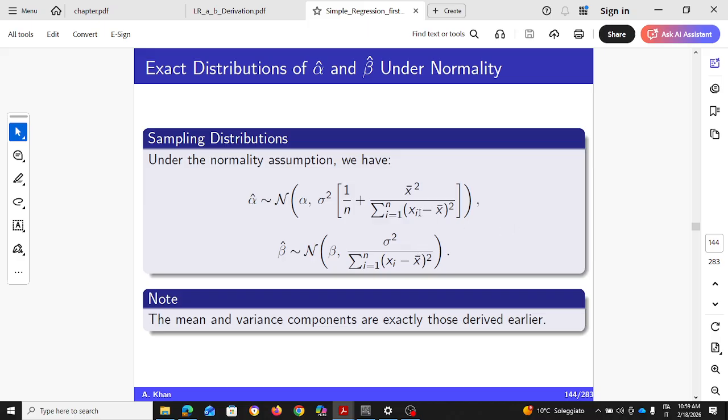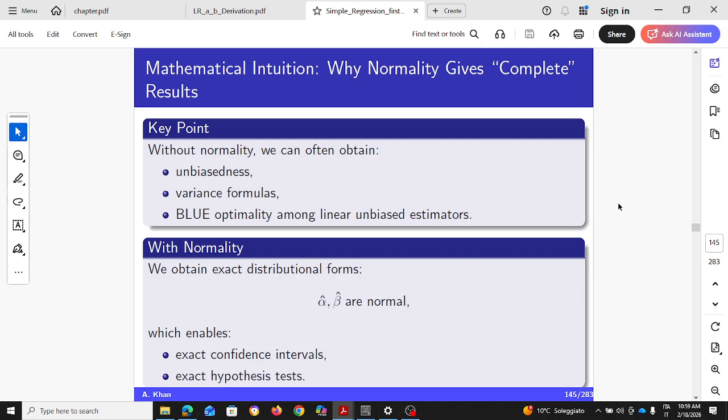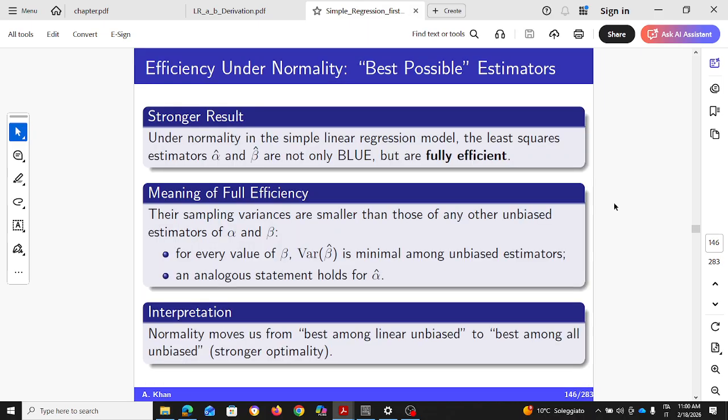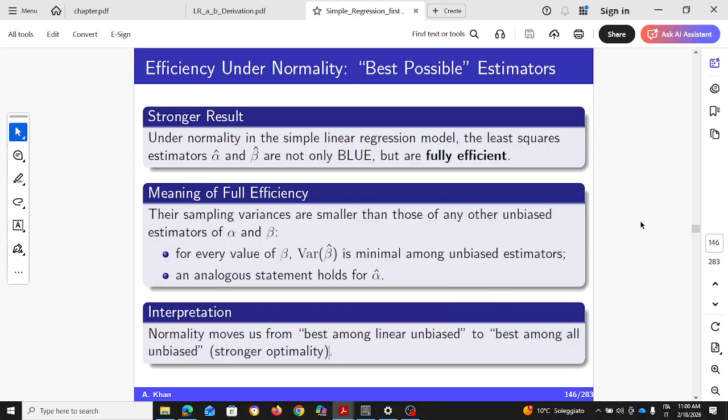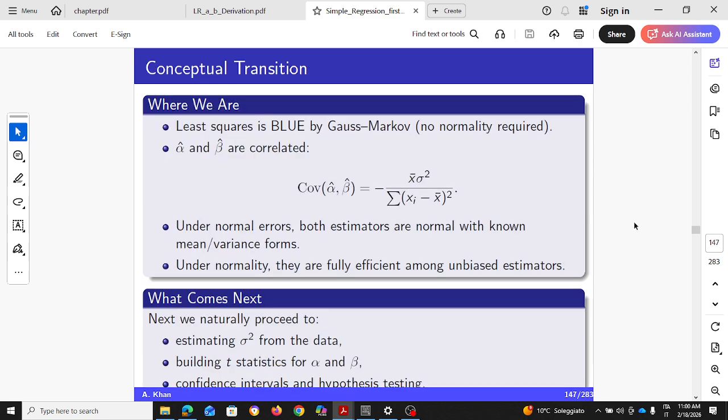So under normality, the intercept and beta follow these distributions. We say this is the best among all the unbiased estimators, which gives us strong optimality for alpha and beta. But there could be other estimators, but they are non-linear.